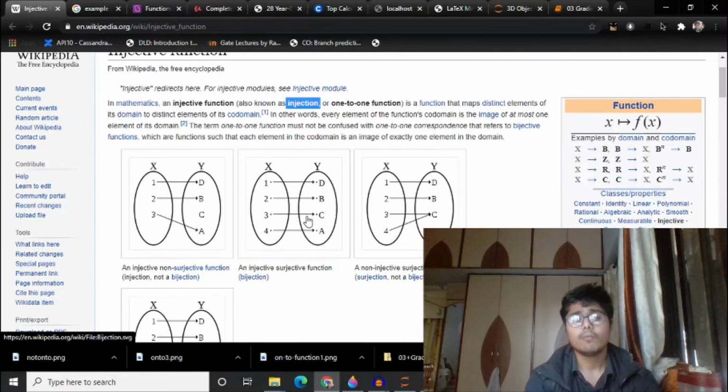And bijective function is a one-to-one function, that is, every element has a different element as an image in a codomain. Also there is no value in codomain which is not an image of the domain.